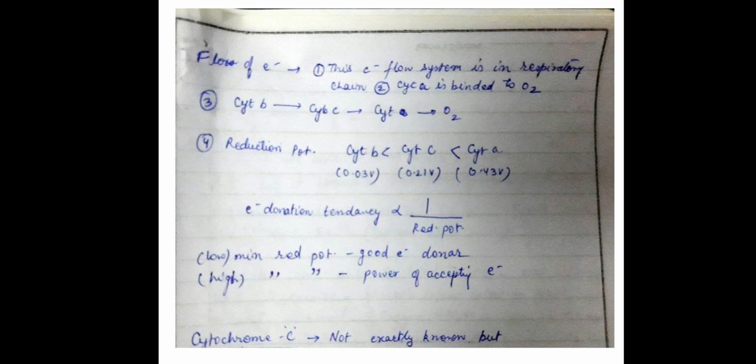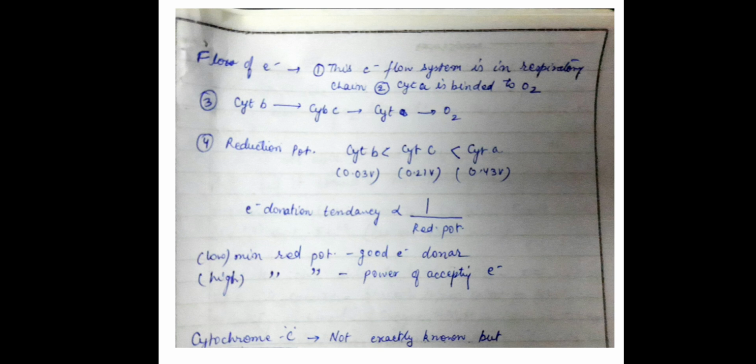Now, how do electrons flow, and what is the sequence of electron flow in the cytochromes? We see here the flow of electrons. This electron flow system is in the respiratory chain. Cytochrome A is bound to oxygen. What is the bound group of oxygen?